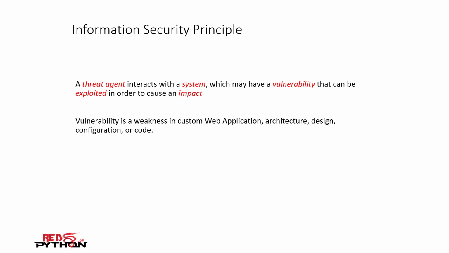Vulnerabilities are weaknesses. A weakness can be in any layer in the web application. We'll discuss that in a while. And the hacker can exploit this vulnerability to cause impact. Impact can range from being simple to critical. Some impact can affect businesses, can bring down businesses.